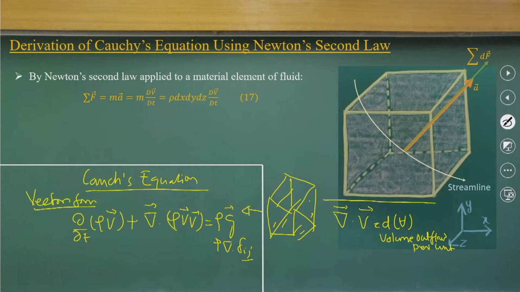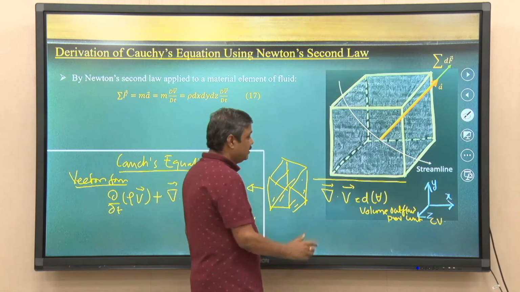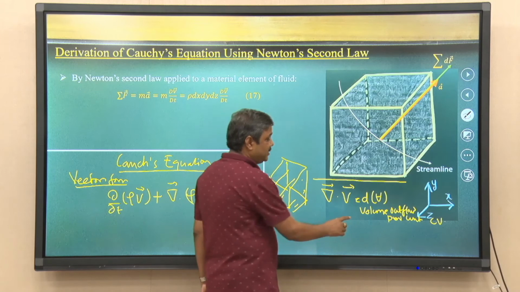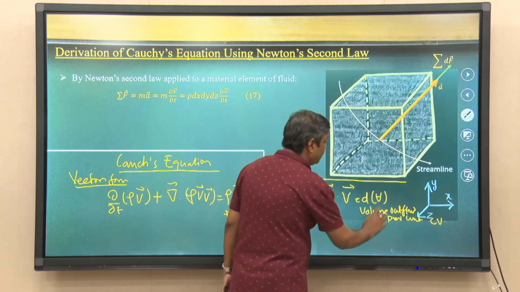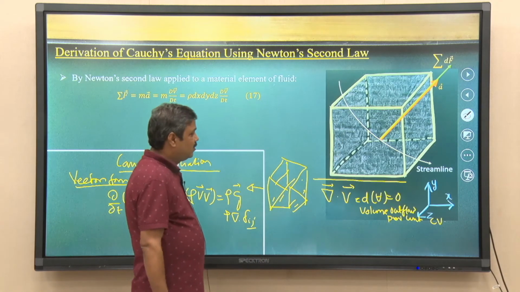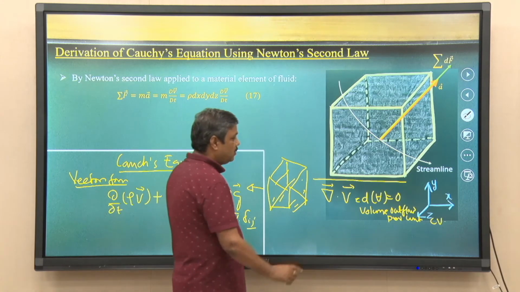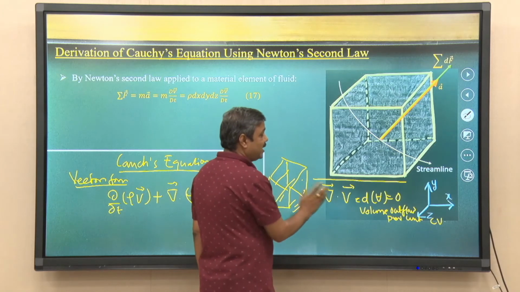If we consider a unit control volume, the divergence of velocity indicates how much volume outflow happens per unit volume. We can consider it zero for the simple cases we are talking about. That is the physical interpretation of velocity divergence.